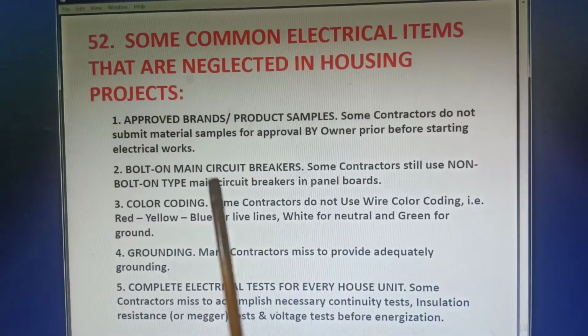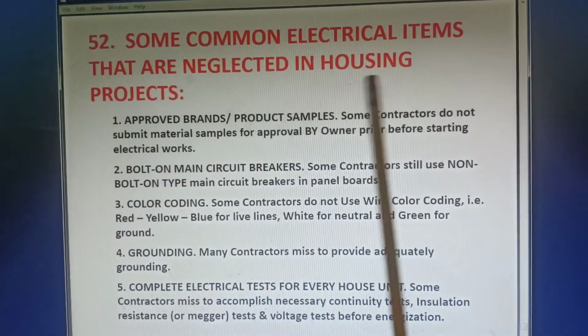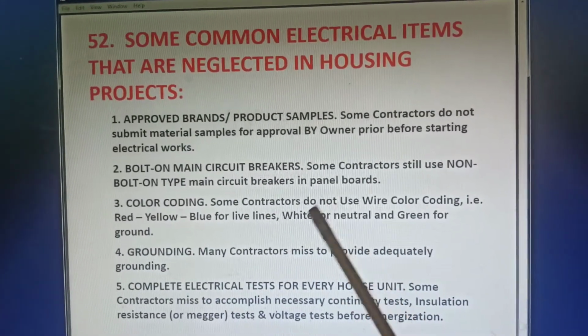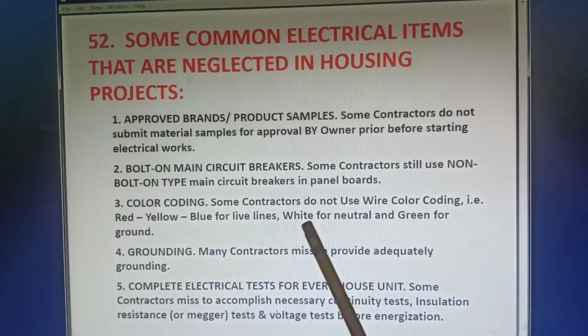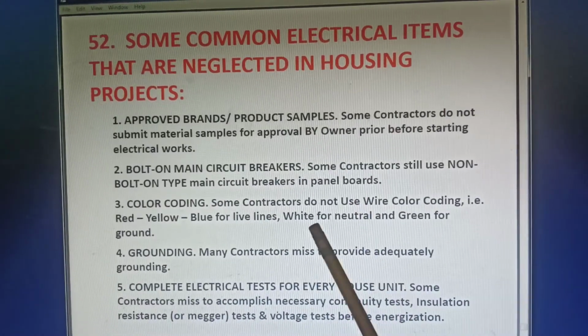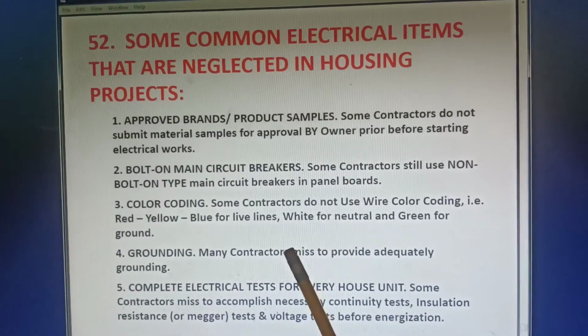Okay, this slide shows us the common electrical items that are neglected in housing projects. We had an inspection recently in a housing project elsewhere, and we found out that in this housing, most of the contractors would miss several important items.